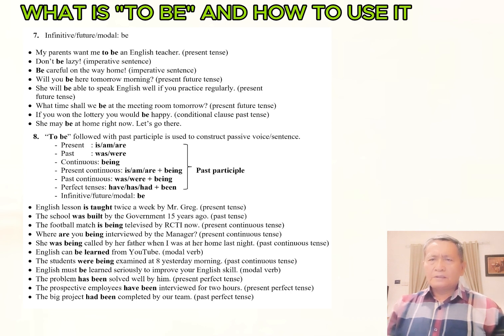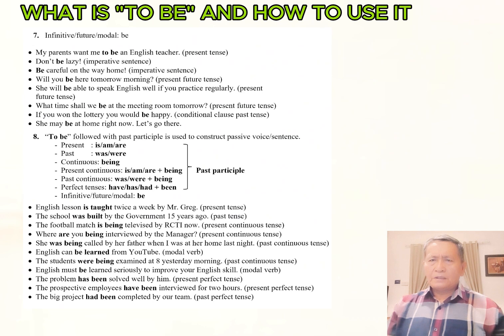To be in present is am, is, or are. To be in past tense is was or were. To be in continuous is being.